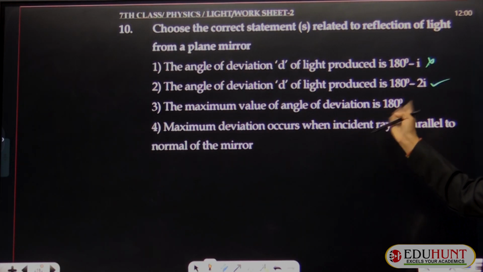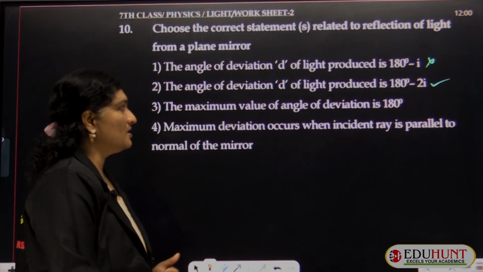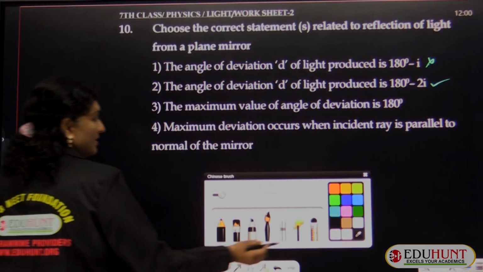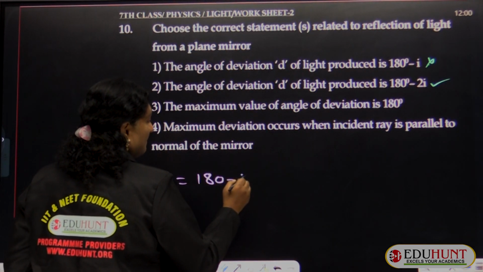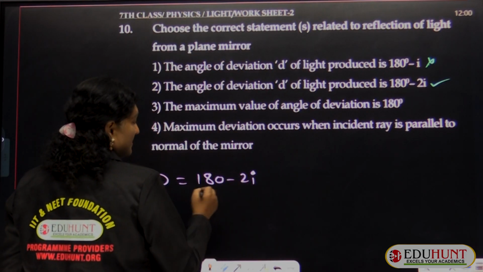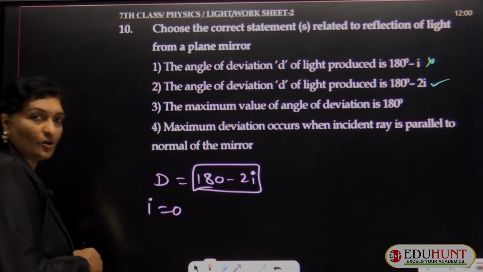Next, the maximum value of angle of deviation is 180 degrees. Let us check whether it is true or not. What is the formula for angle of deviation? As we have discussed, D must be equal to 180 minus 2I. So, to get this value as maximum, I must be equal to 0.